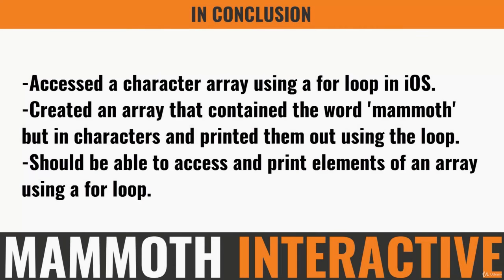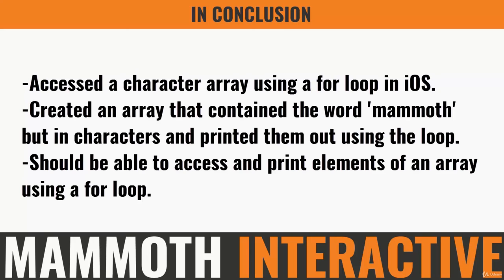In this part of the tutorial, we accessed a character array using a for loop in iOS and printed out elements. We first created a character array that contained the word mammoth, with each letter representing a different character, and we printed them out using the loop. So we fed the array into the for loop, and instead of accessing an element of the array by a fixed number, so for example, if our array was called mammoth, instead of calling mammoth1, mammoth2, etc., we just called mammoth with the index that the loop is currently on.